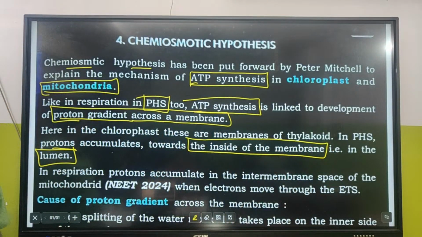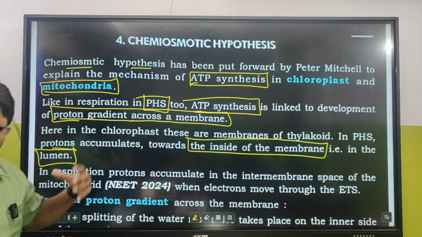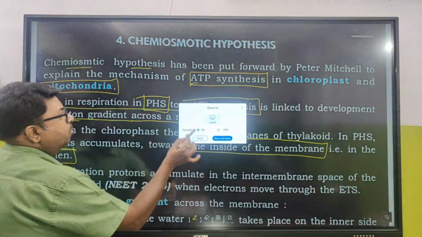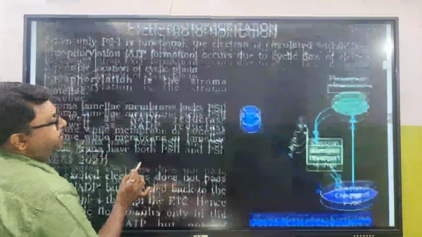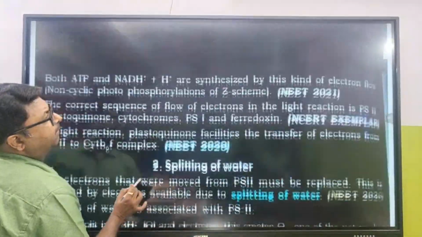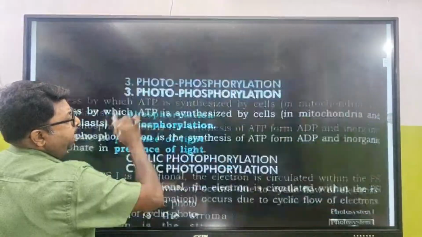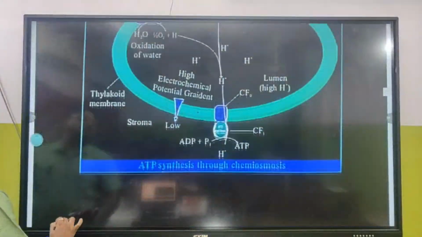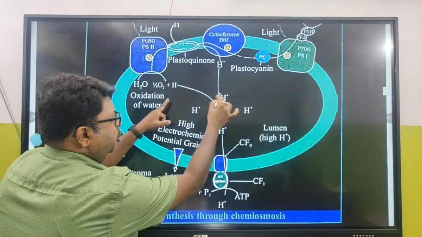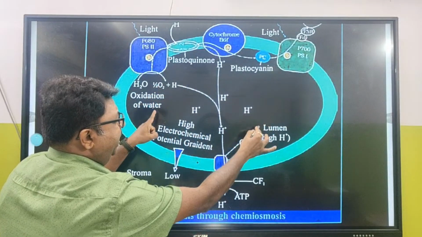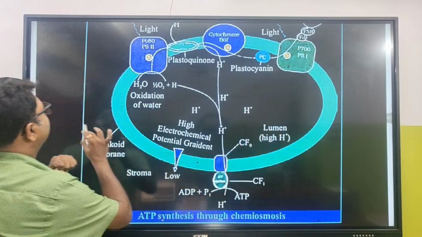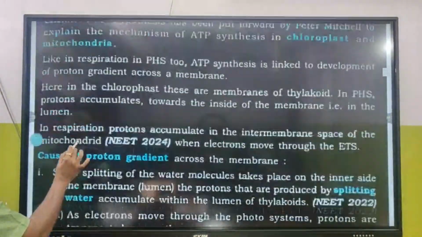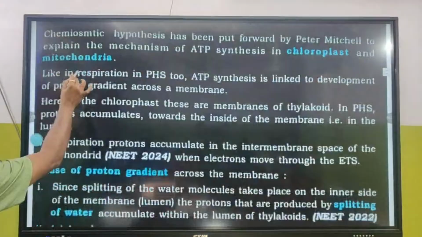So where did the protons accumulate? In the lumen. This is the lumen. So the proton got concentrated where? Inside the lumen. Okay. Sure. Next.